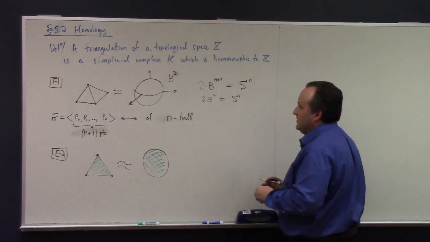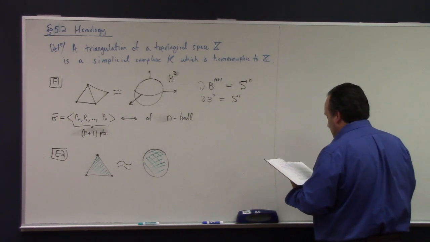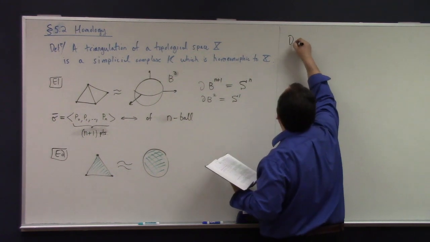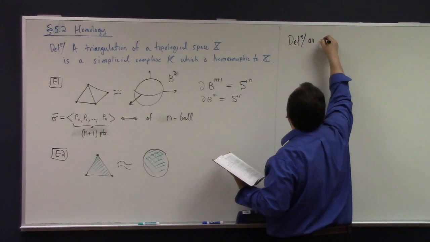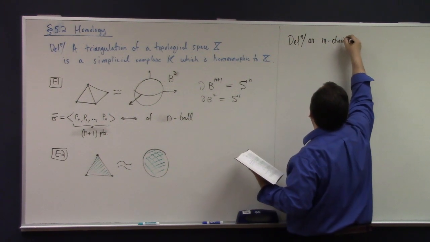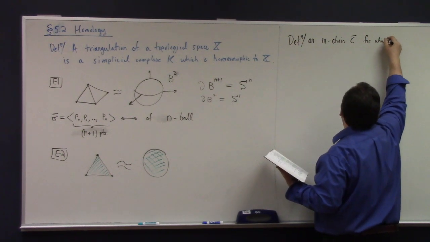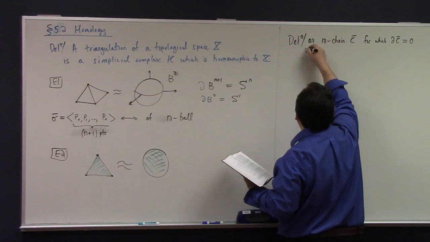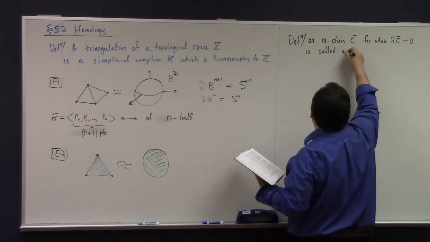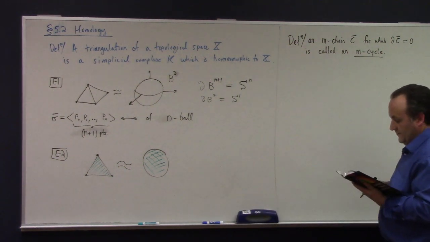Once we have a triangulation, that means we have a simplicial complex that's related to the space in consideration, right? And so, definition: an M-chain C-bar for which the boundary of C-bar is equal to 0 is called an M-cycle.